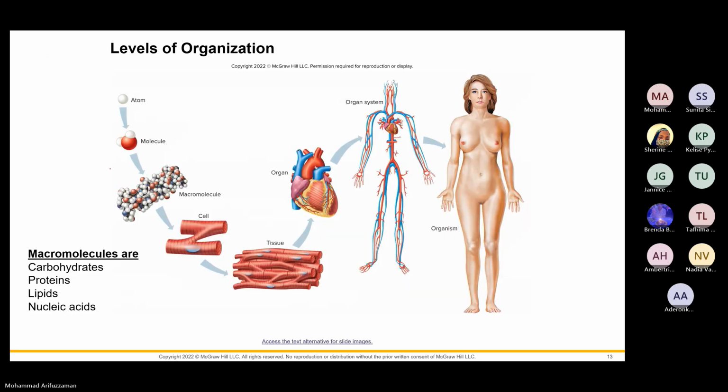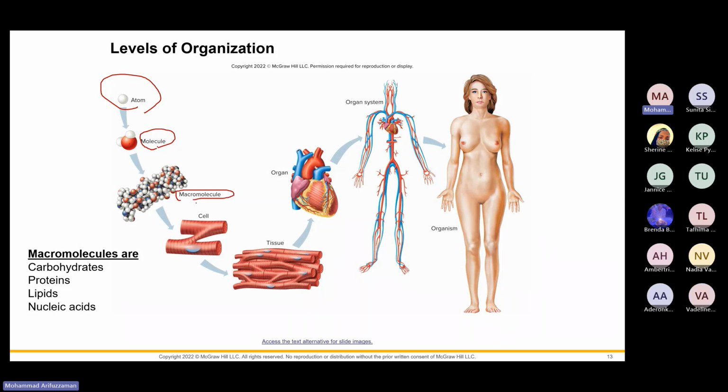So the levels of organization: the human body is organized from small subunits to larger subunits. If you can see here, many atoms are organized to form a molecule. A molecule is a combination of two or more atoms, and many molecules are organized to form macromolecules.